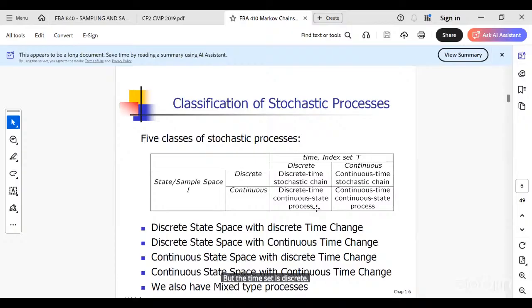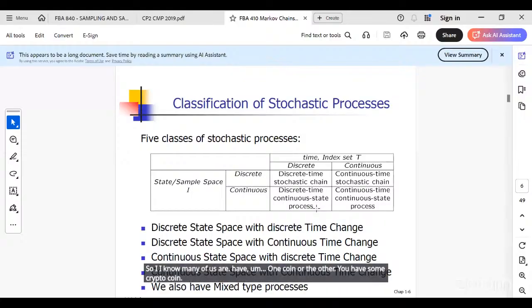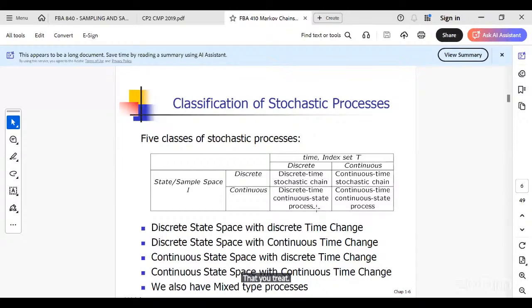And the fourth one, the state is continuous, and the time is also continuous. So I know many of us have one coin or the other. You have some crypto coin that you trade. So you do the trading on different platforms.